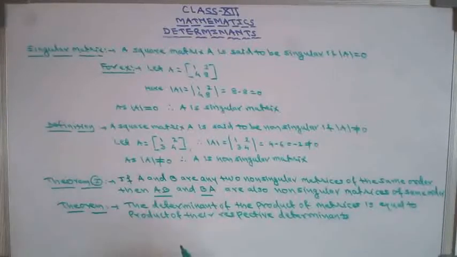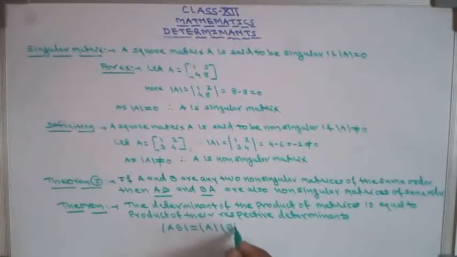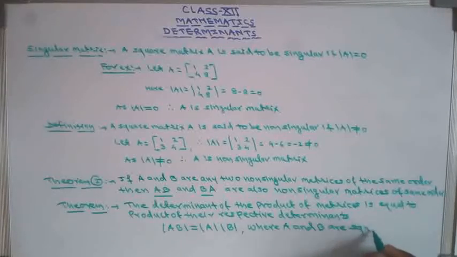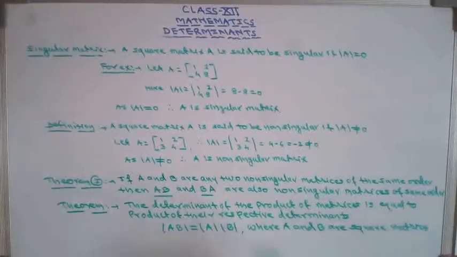That is, the determinant of the product of A and B can be written as determinant of A into determinant of B, where A and B are square matrices of the same order.